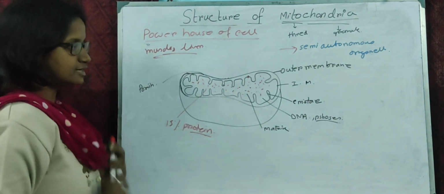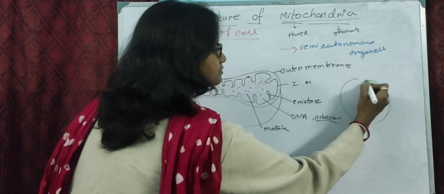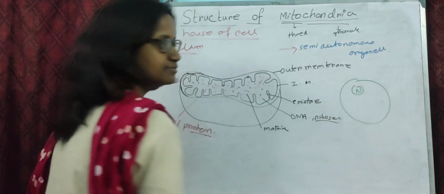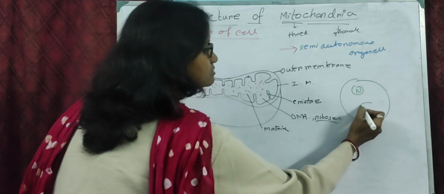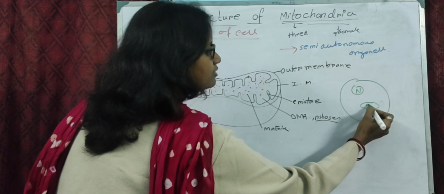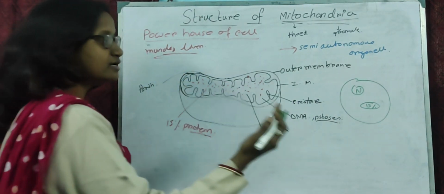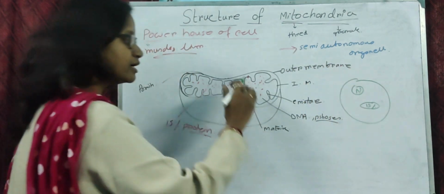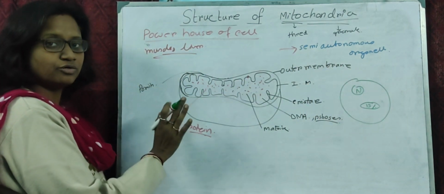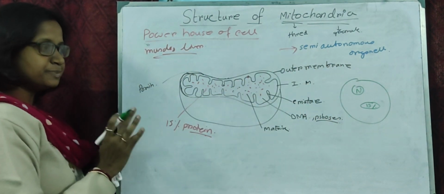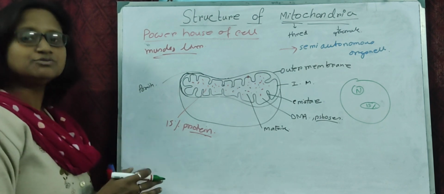Suppose this is our cell, here is the nucleus, and this is the mitochondria. Here 15% of the protein is produced by the mitochondria, but the other proteins required by the metabolic activity of the mitochondria come from the nucleus.